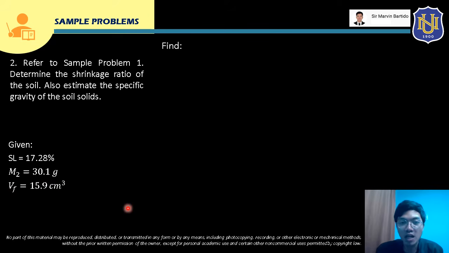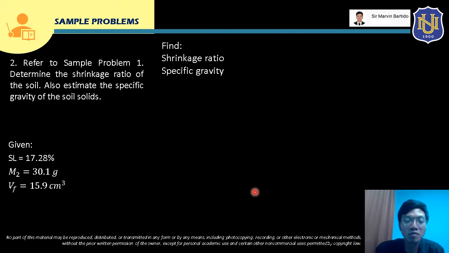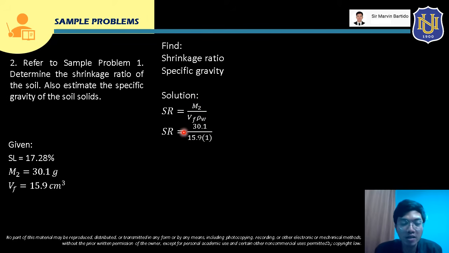Okay, so from here, class, we have to determine yung shrinkage ratio at saka specific gravity. So for the shrinkage ratio, class, ito yung formula natin. Yan ay M sub 2 over V sub F times rho sub W. So yung M sub 2, yan yung mass ng dry soil, which is 30.1. Yung V sub F natin, yan yung volume ng dry soil natin, which is 15.9 centimeter cube.